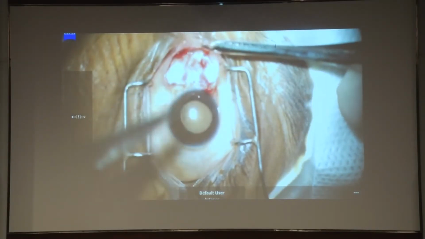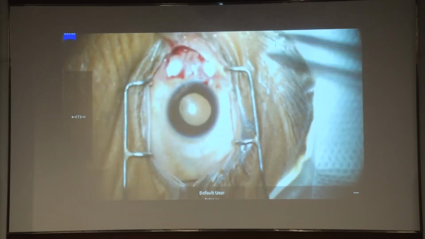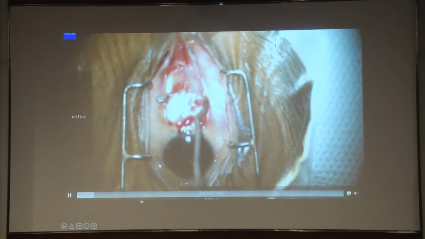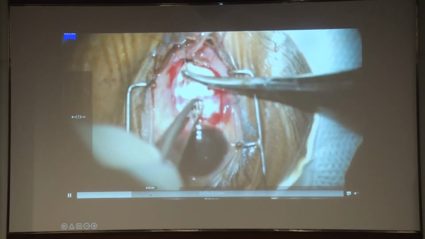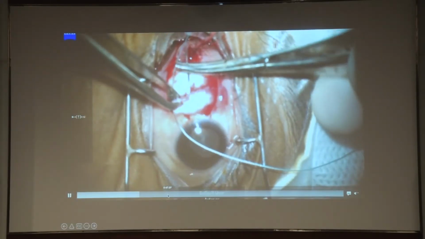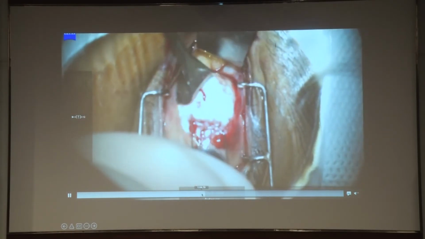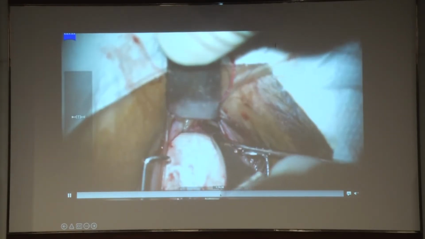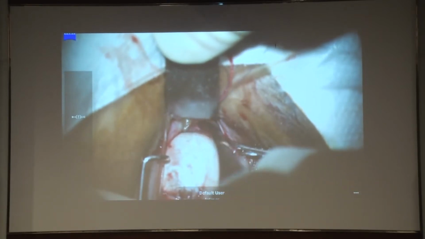Just like with any squint surgery, a limbal conjunctival incision is made, the medial rectus is hooked, secured, and isolated. Box sutures are passed through the sclera to retract the globe. Then it's important to identify the optic nerve, which can be identified by the presence of the vessels there.